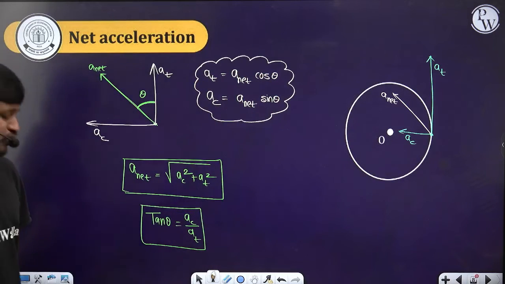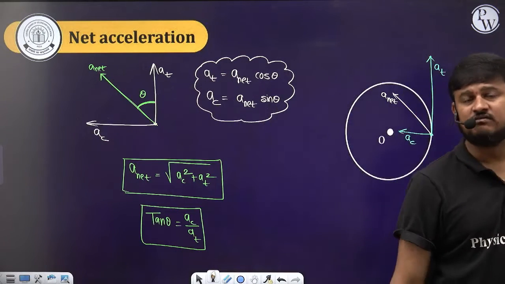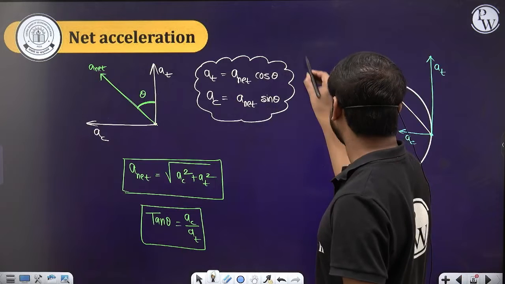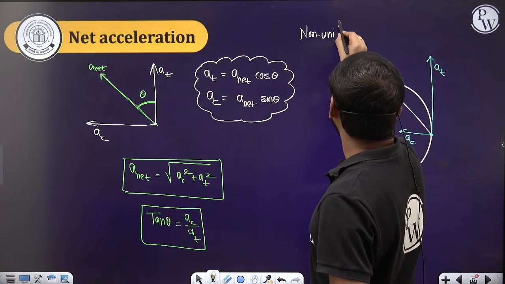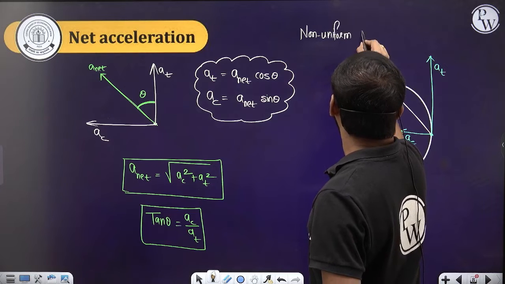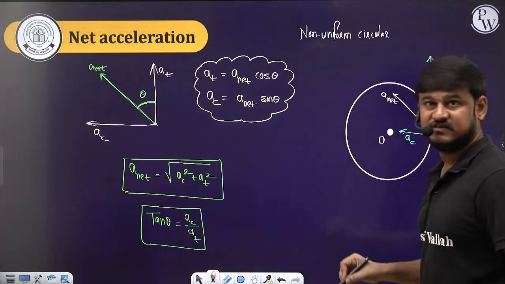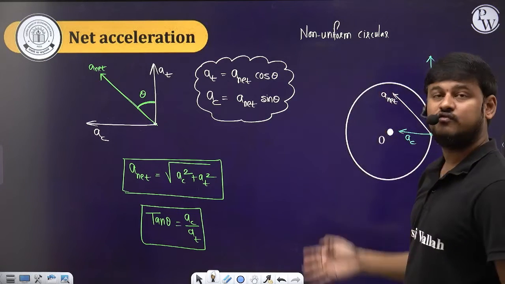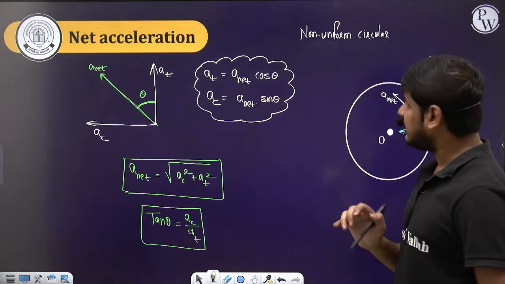Clear? So when the body is moving in a circular path, if it is a non-uniform circular motion, in non-uniform circular motion only the tangential acceleration will exist. Otherwise, if it is a uniform circular motion, the only acceleration that exists is the centripetal acceleration.